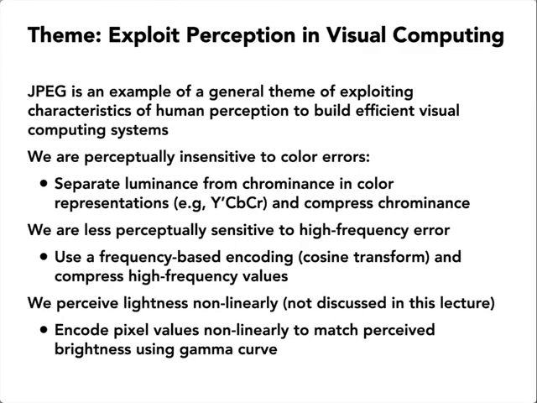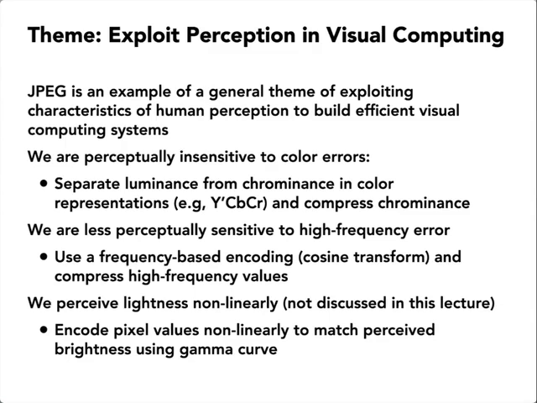Linear perceptual steps of lightness are much better matched to a gamma curve, a power of about 2.43. We talked about that earlier in some of the color lectures. That's also encoded in the JPEG standard with a gamma curve that bends nonlinearly the conversion of lightness value in the stored data file compared to the lightness that will be displayed physically on a display. Okay, so that wraps up JPEG compression.